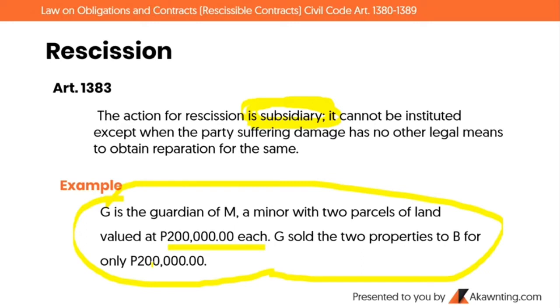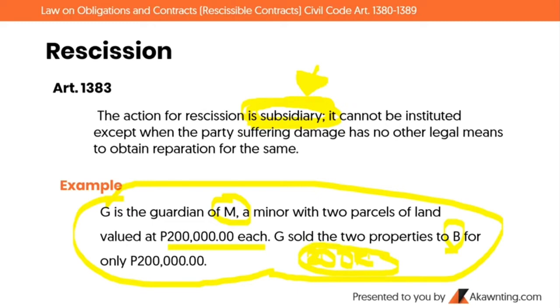But what is that subsidiary nature? Once M attains the age of majority, he can have the contract rescinded. However, rescission is only subsidiary. This means you cannot employ or seek it when you have another option. For example, B is willing to pay for the lesion of 200,000. In that case, you can no longer rescind this contract because he is willing to pay the lesion, so that the contract is not a rescissible contract.